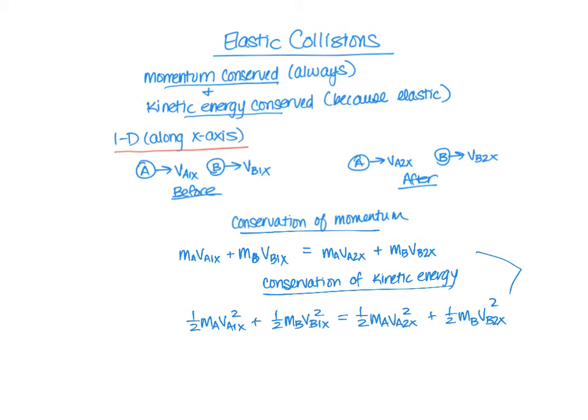And to make things even easier, we are going to assume that object B is initially at rest. This is just going to simplify things a lot and let us do the algebra with less difficulty.